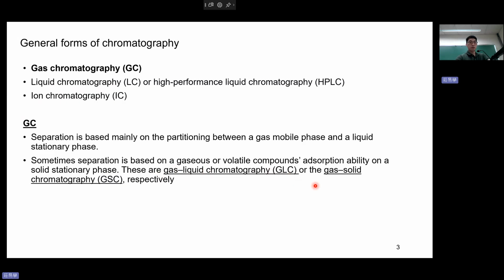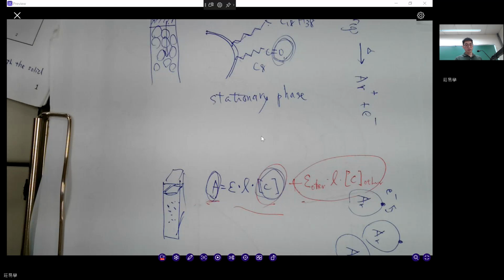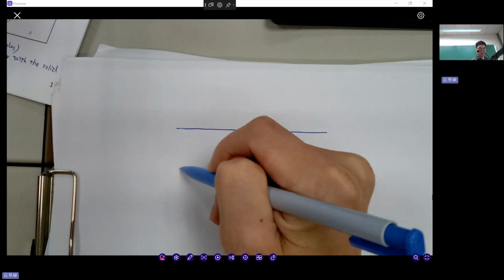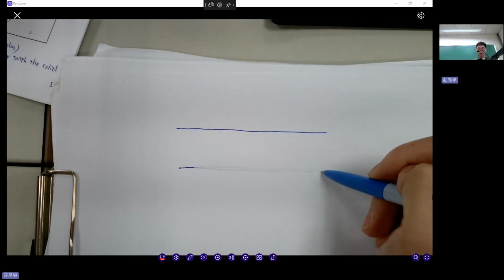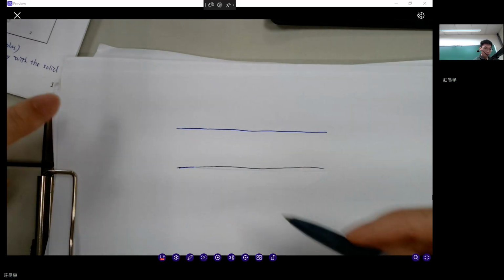Okay, so imagine that this is a gas chromatography column, like a cross-section view.